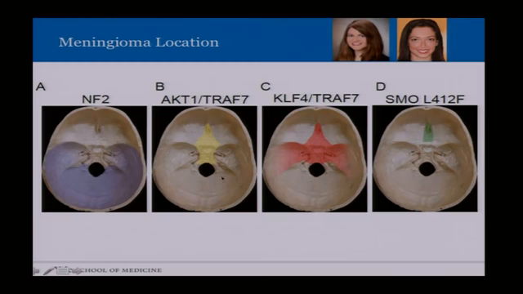If you look at, for example, the skull base, all NF2 mutant tumors are located posteriorly and laterally, whereas the non-NF2 tumors are in the anterior skull base. And you will remember that I mentioned holoprosencephaly, with hedgehog signaling being an anterior midline defect. All hedgehog mutant tumors were located in the anterior midline.